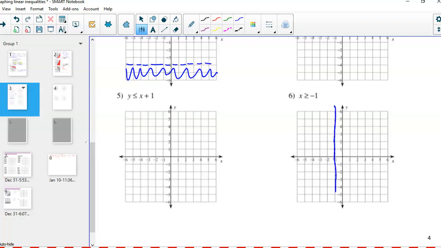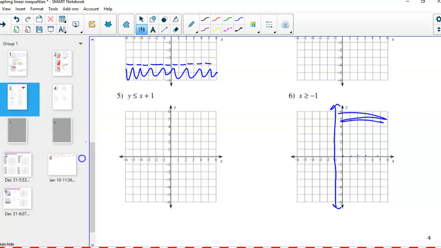Guys, stop talking. Now, for all of your x is greater than whatever problems, you need to be thinking what numbers would be greater than or equal to -1. What numbers would make that true? 0, 1, 2, 3, 4, 5, 6.